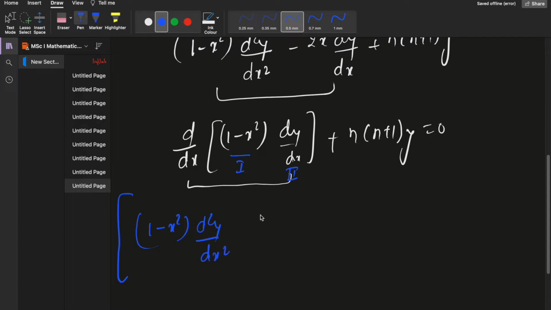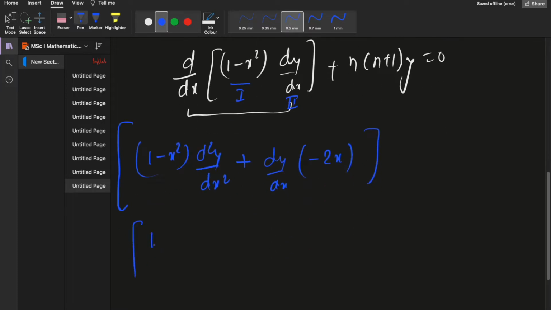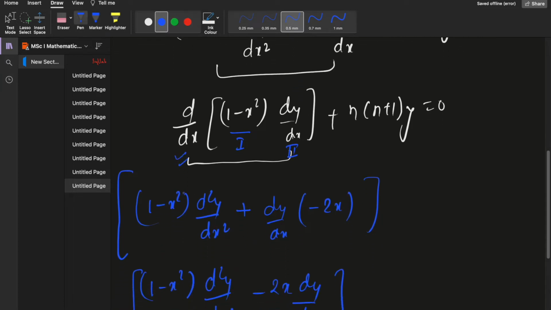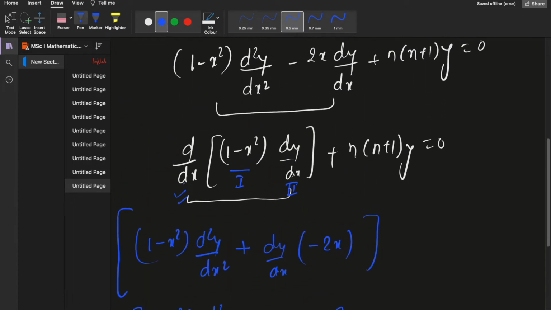Then plus, taking dy by dx as the second function as it is, the differentiation of the first becomes minus 2x. So I can write it as (1 minus x square) d square y upon dx square minus 2x dy by dx. Alright, so that's why I've written these two terms in short form, in differentiation form. Good.